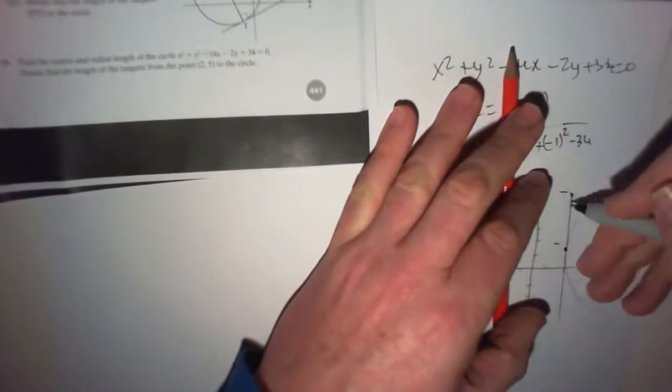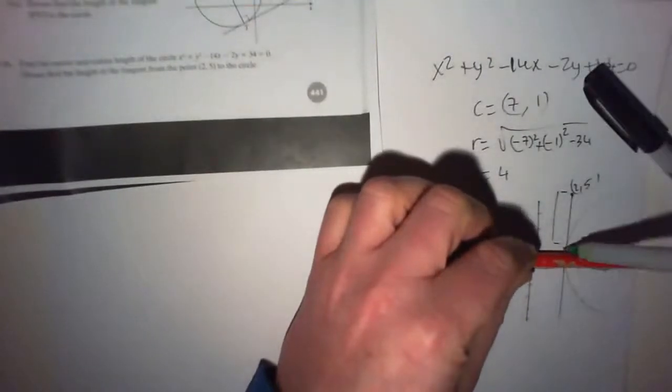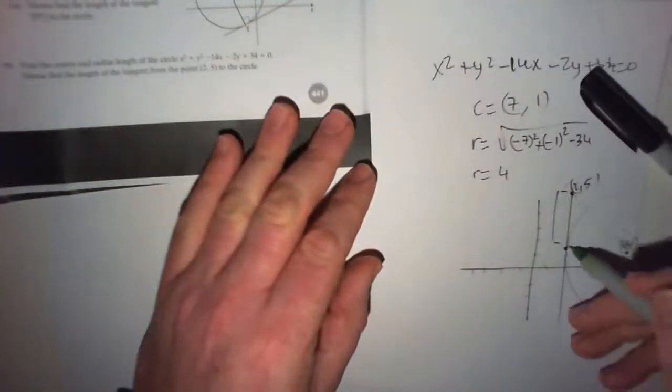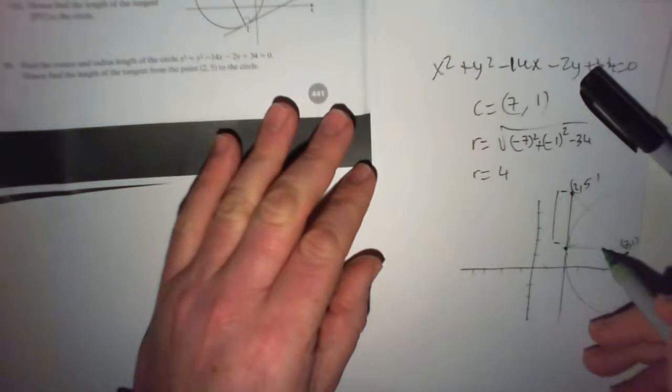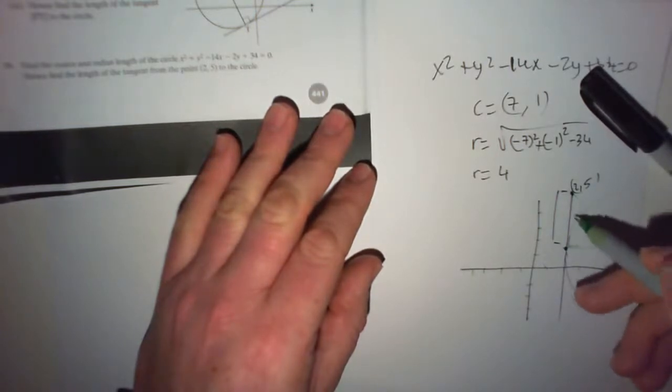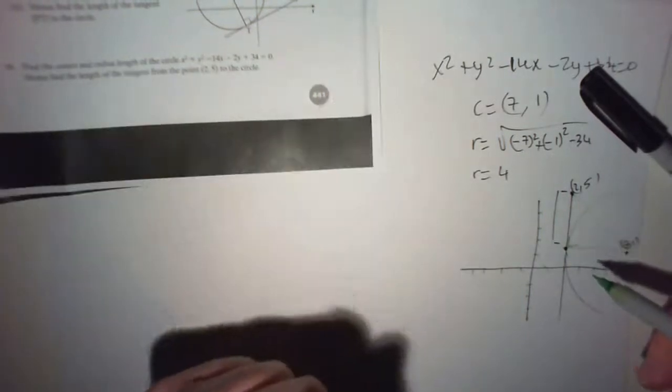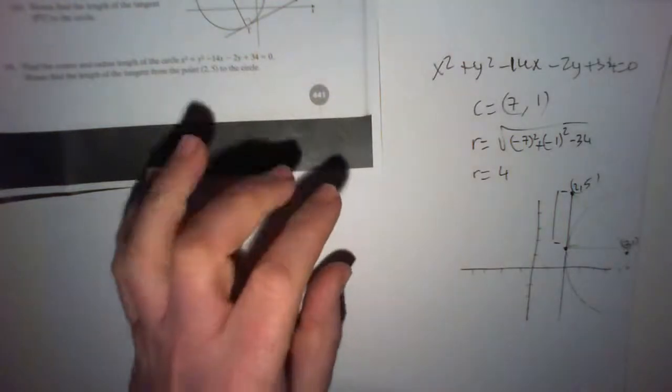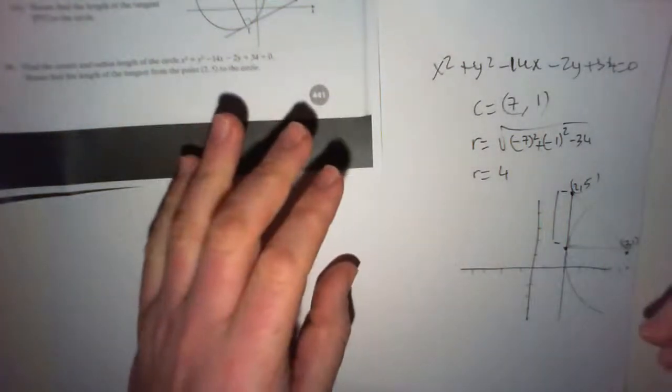They want this distance here. Okay, so this is (2, 5), and it touches at a tangent. When you draw it, you see what I'm getting at. It's going to be a right angle. We can get the hypotenuse's distance, and then we can work out this third side from the point. It's very badly phrased, but I think that's what they want us to get at. So let's go with this and see, does it come out as a nice number? I hope it comes out as a nice number.